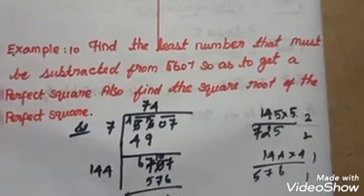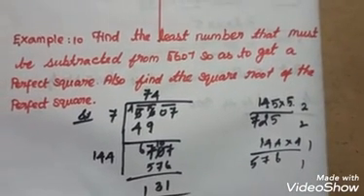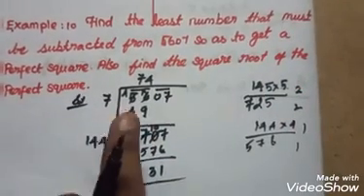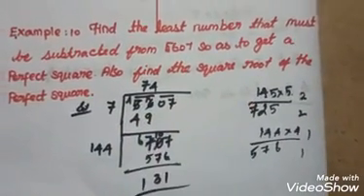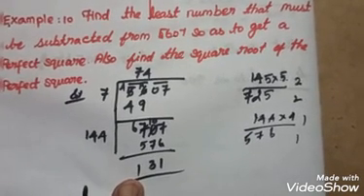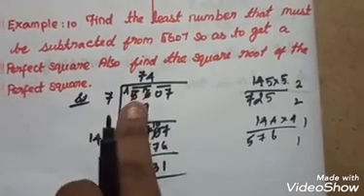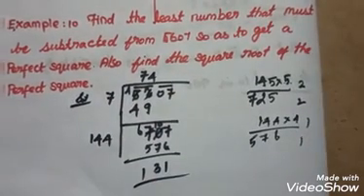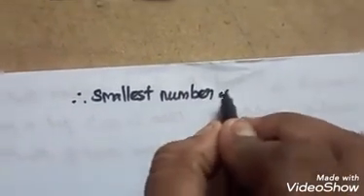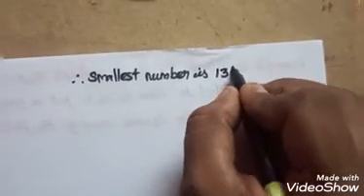Now you have your remainder. We know 74 square is less than 5607. If you subtract this remainder from the number, that is 74 square. Therefore the smallest number is 131.